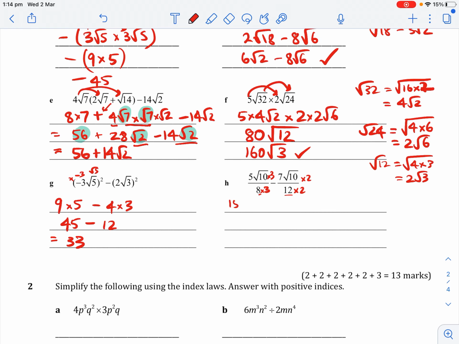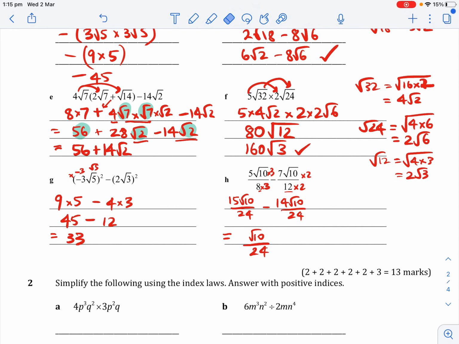So we get 15 root 10 on 24 minus 14 root 10 on 24, which becomes 1 root 10 on 24. And I do not need to write the 1 on the top line, so my answer is just root 10 on 24. Actually nothing to do with the surds there. We just had to work out how to manage fractions and keep the surd off to the side.